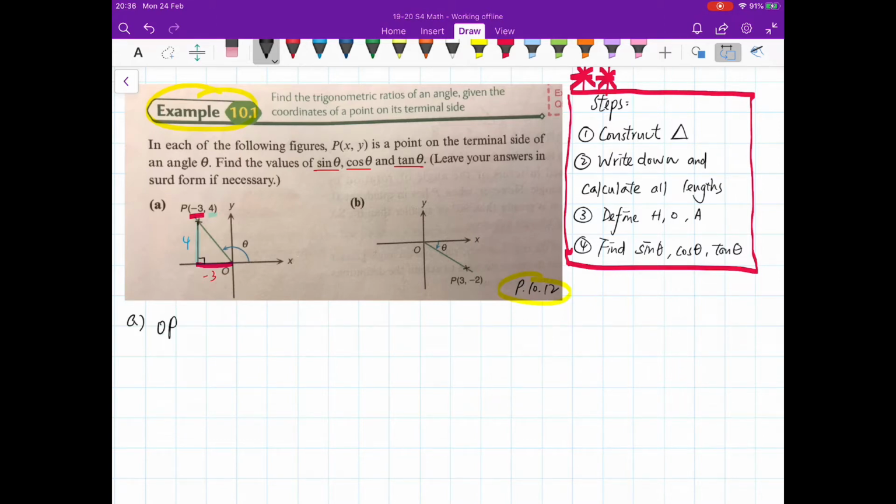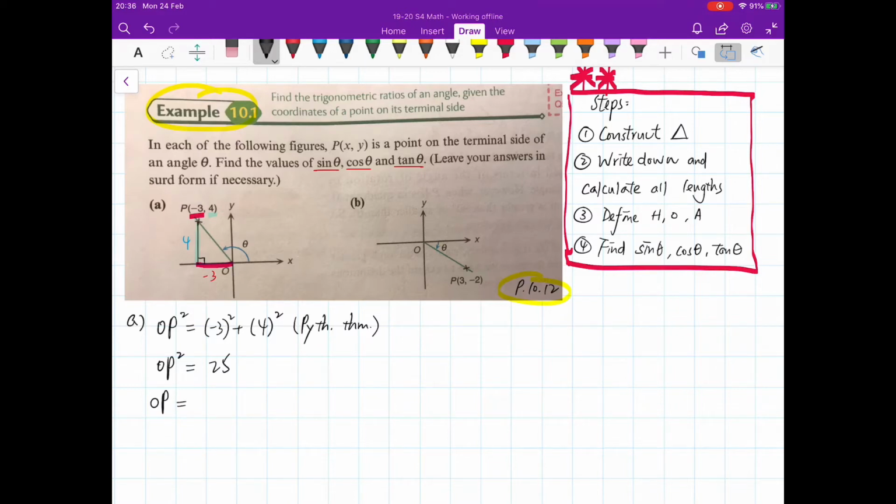So part A, the square of OP is equal to -3 squared plus the square of 4, and we are applying the Pythagoras theorem. Then the square of OP is equal to 25.